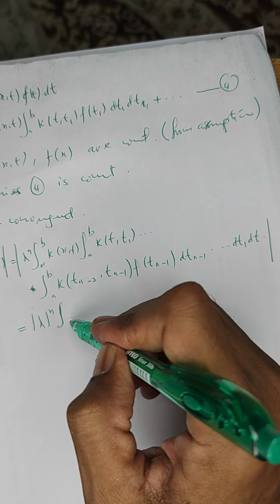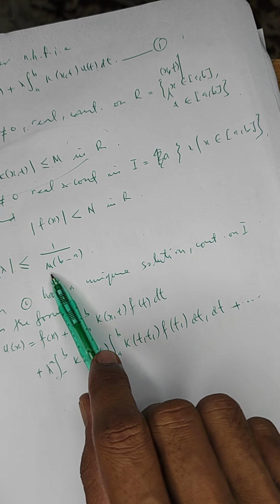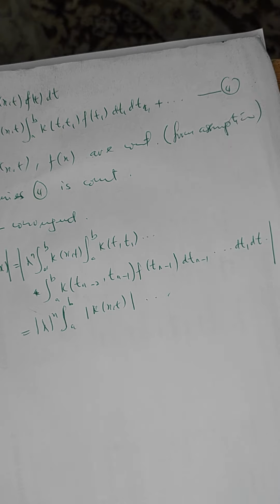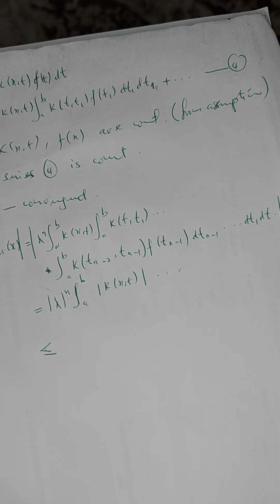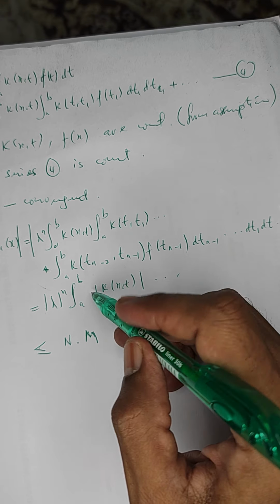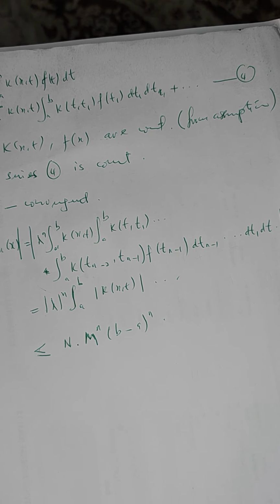Then from the theorem, K is bounded by M and f is bounded by M. So with lambda, this thing is less than n M times (b minus a) over n.